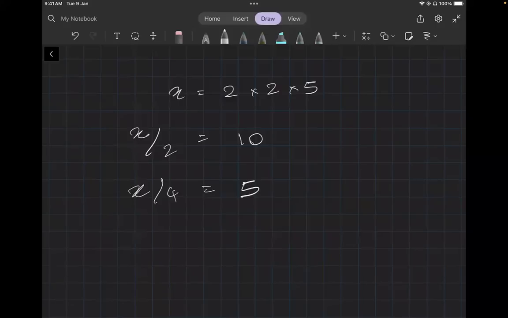Now tell me, could the second largest factor have been x divided by 2 into 5, or x divided by 5 into 2 into 2? It can't be this, right?